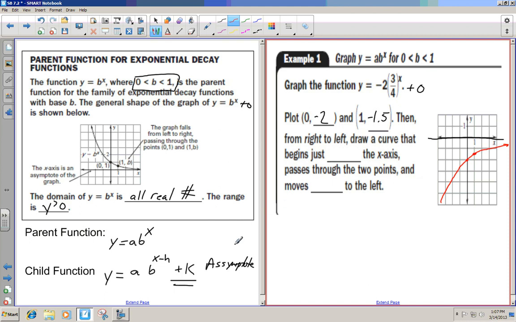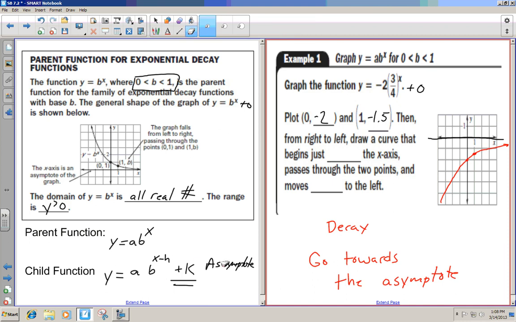So one thing you're going to want to remember, decays go towards the asymptote. I guess I should remove one of these s's over here. All right.